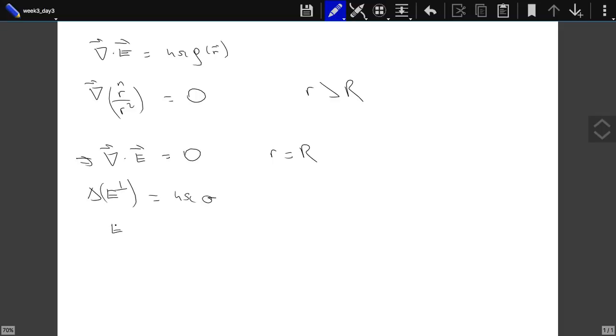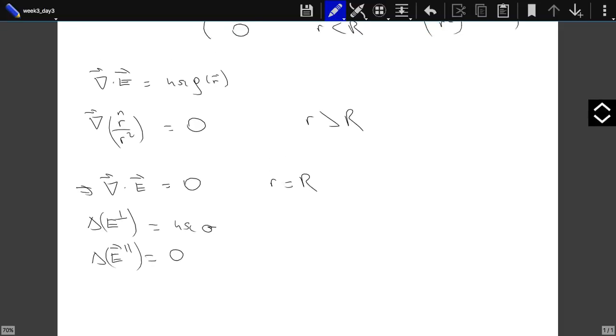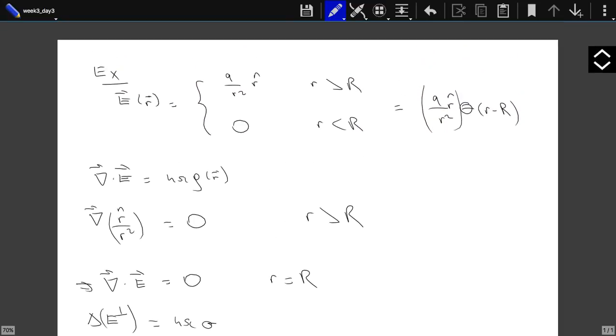And the discontinuity in the parallel component of the electric field was 0; it was continuous. So we already know from this argument, just looking at the divergence of the electric field when R is not equal to capital R, that there is no charge anywhere else, except maybe on a surface.